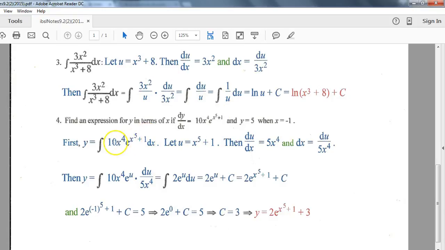So when you did this, if you were to do this without u substitution, that's fine, as long as you take the proper steps. When I was looking at this, if I wanted to just do the integral from here without u substitution, we would say, well, e to the x to the fifth plus 1, well, the integral of that is still e to the x to the fifth plus 1, but then I have to take the extra step of dividing by the derivative of this interior function, so I now have to divide by 5x to the fourth.